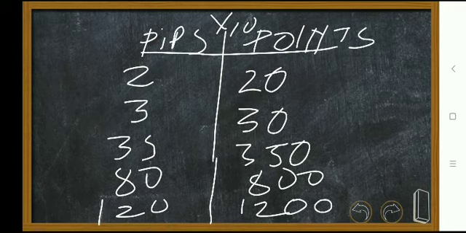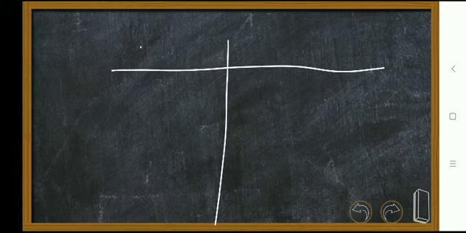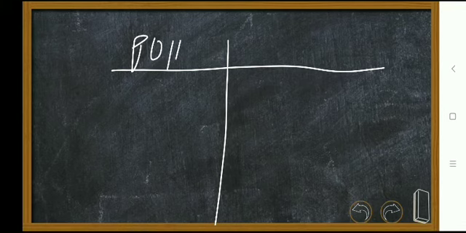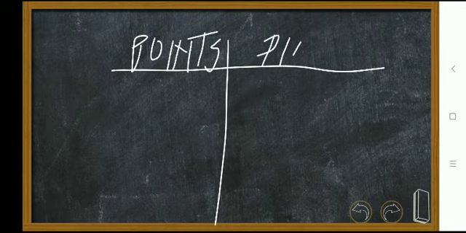It's impossible. So let's go from points to pips. I want you to know both of these things, because you find that there's someone who only knows points but can't figure out pips, or there's someone who only knows pips but can't figure out points.